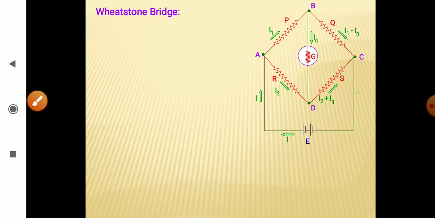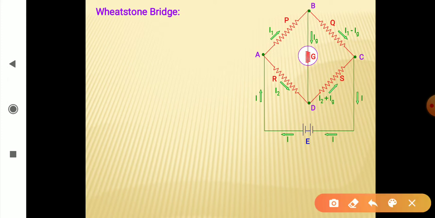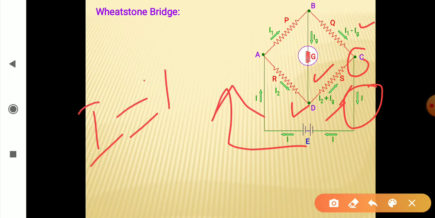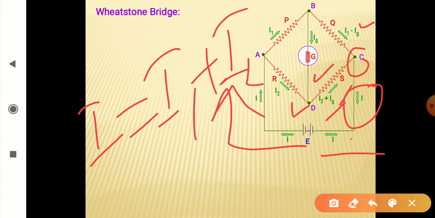And at point D, this I2 and Ig add up and you get I2 plus Ig. At this point C, this current and this current are adding up and you will get I1 plus I2. So from this cell, current I1 plus I2 started. See, I is equal to I1 plus I2 and current I1 plus I2 returns, right?